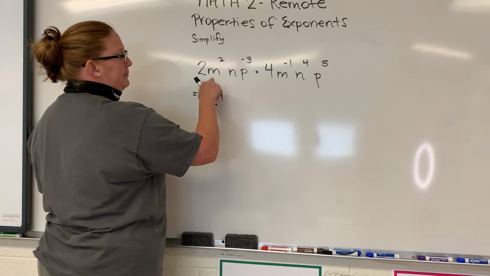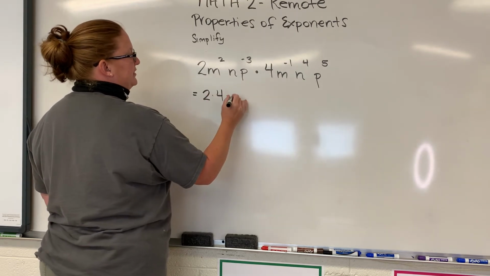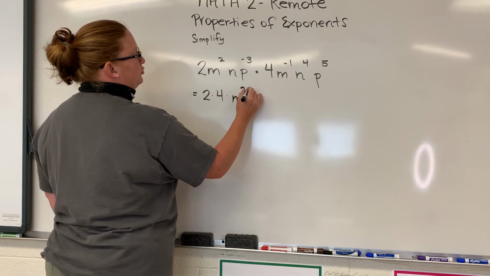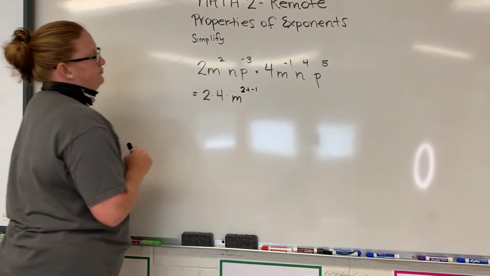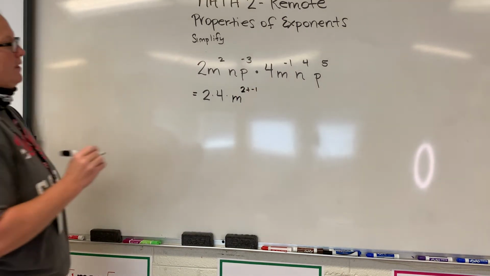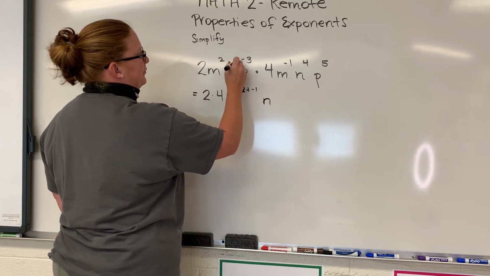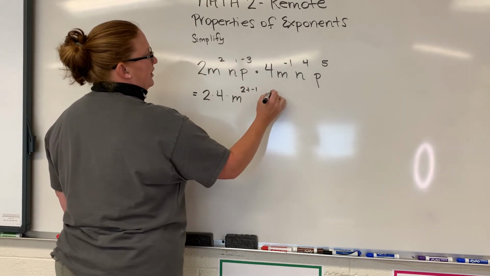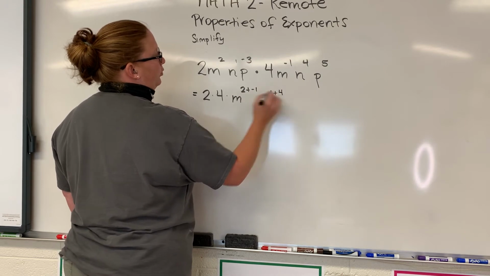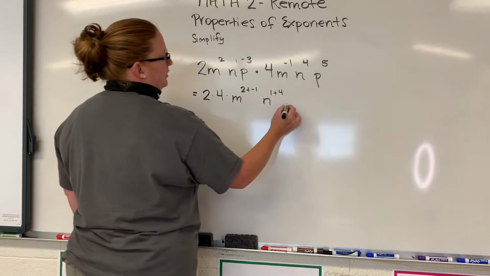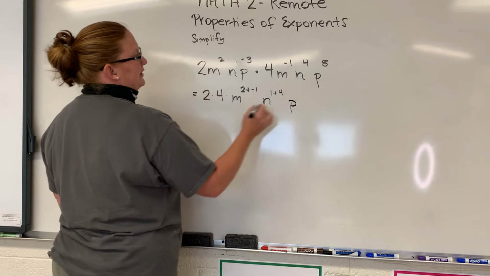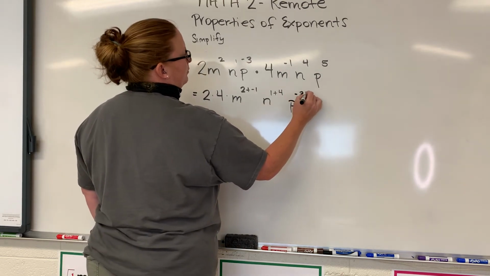Next, I have m. Now my m has to match my other m, the base of that. So then I have 2 plus negative 1. Then n. If there's no exponent, it's an exponent of 1. So we have 1 plus 4, and then here we have p, and that's negative 3 plus 5.